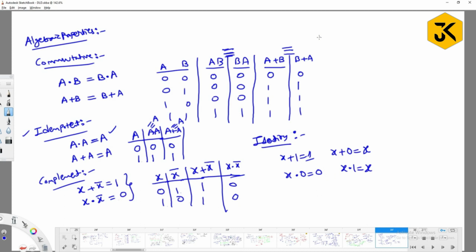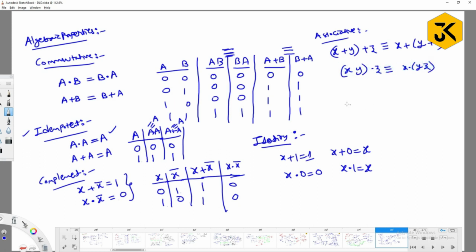Okay. And one of the main important properties, the associative property, right? If you take x plus y plus z, which is equivalent to x plus y plus z with the grouping changed, this is associativity. Or on the AND operation, x into y into z is equivalent to x into y into z regrouped.